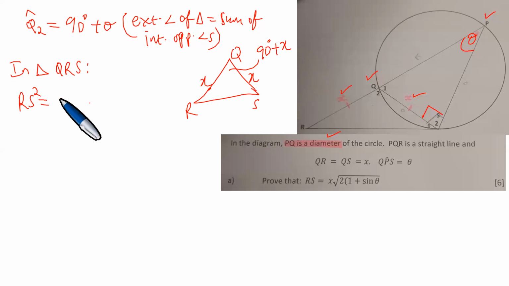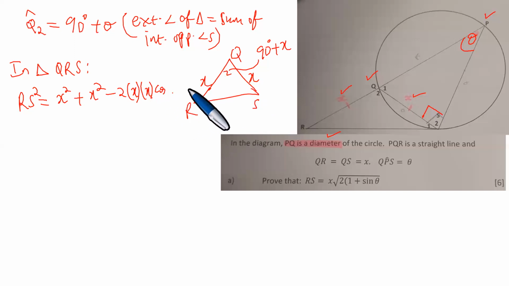So we have RS squared will be the same as X squared plus X squared. So in other words, RS squared will be X squared plus X squared minus twice X and X cosine of the angle there.